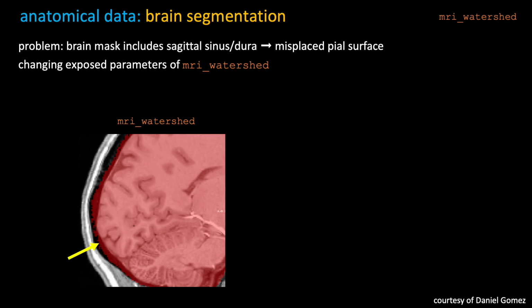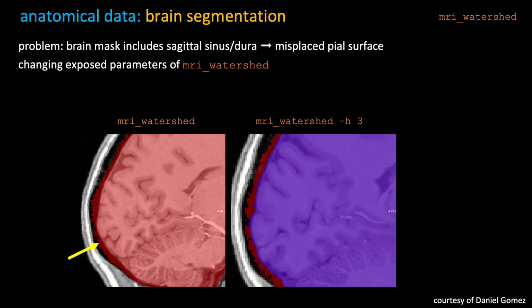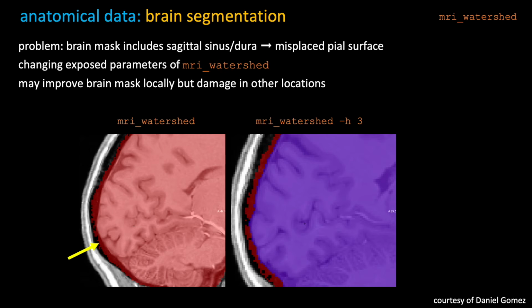So what we can do as a first attempt, we can try to change some parameters of the watershed. For example, the h parameter, which defines the height of pre-flooding of the watershed. And you can see that this mask has improved on the back of the head especially. You can see that it's now much more accurate and much more corresponds to the actual brain. But it's not that easy.